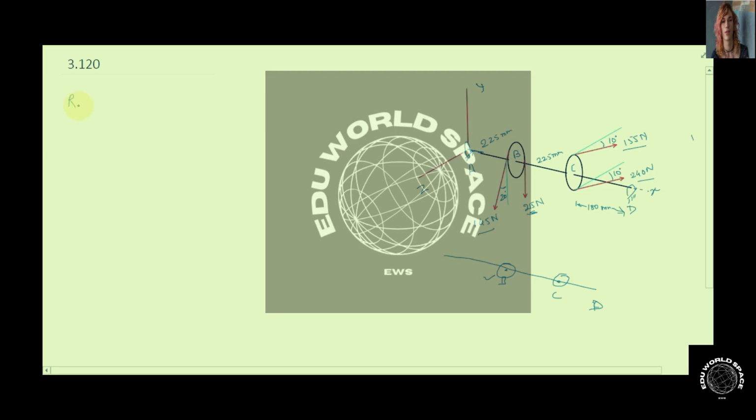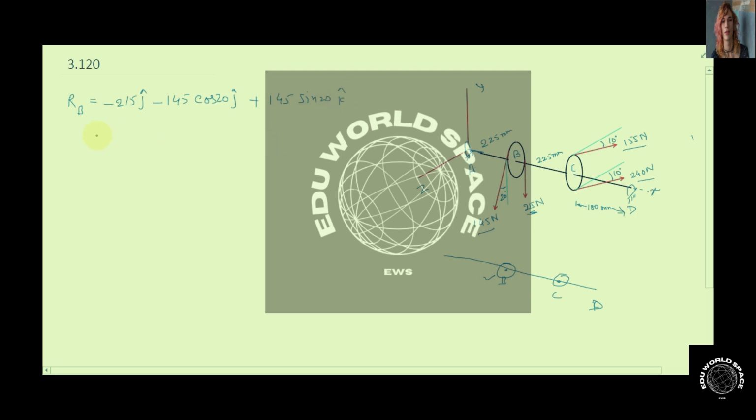If we calculate the equivalent force that will act at point B, we can write the force at point B as follows. Since this 250 Newton is acting in the minus J cap direction, we can write it as minus 215 J cap, and this 145 Newton will have components in J cap and K cap. So the J cap component will be minus 145 cos 20 J cap plus 145 sin 20 K cap.